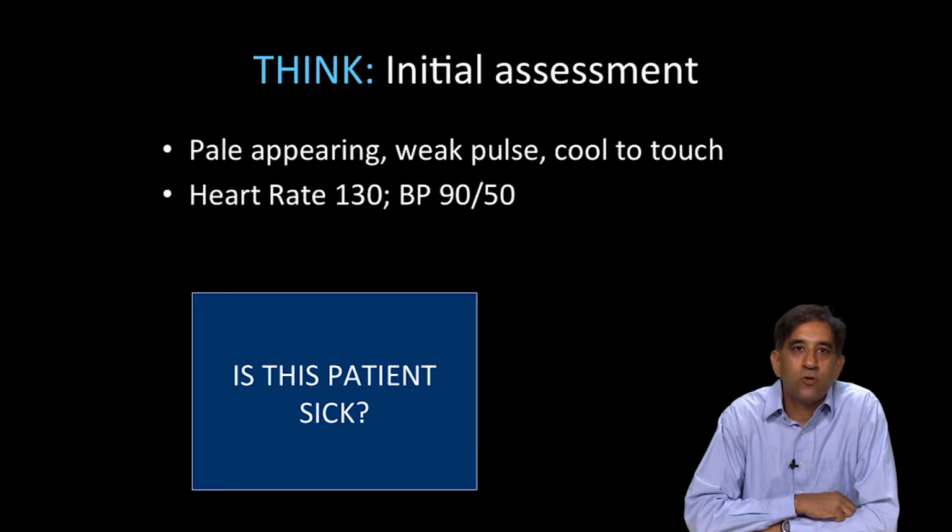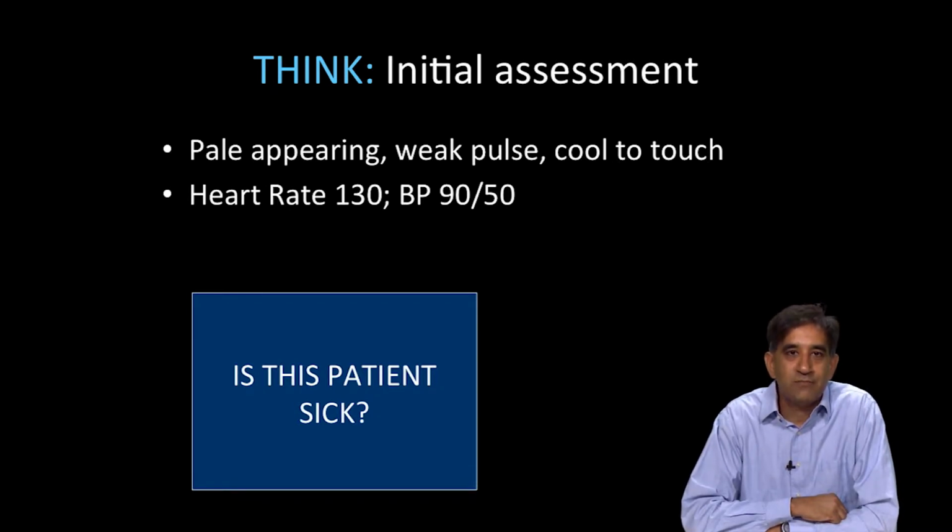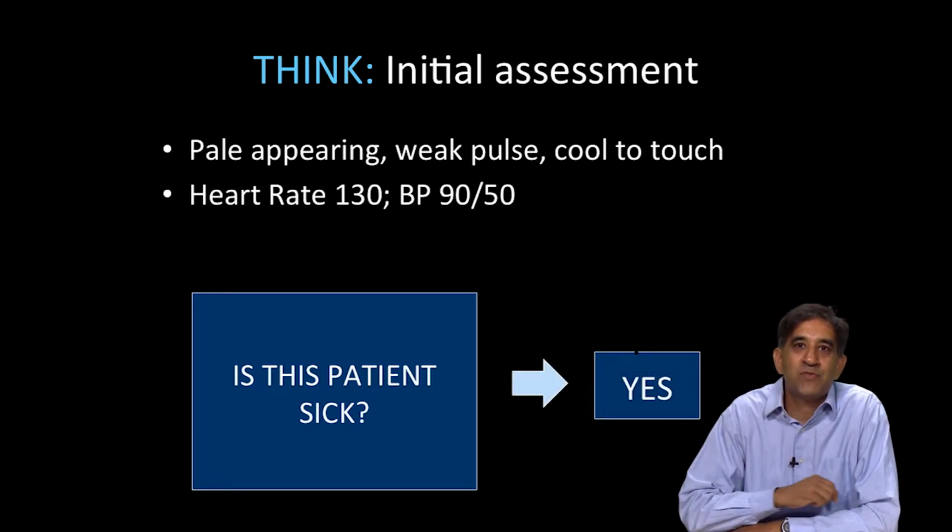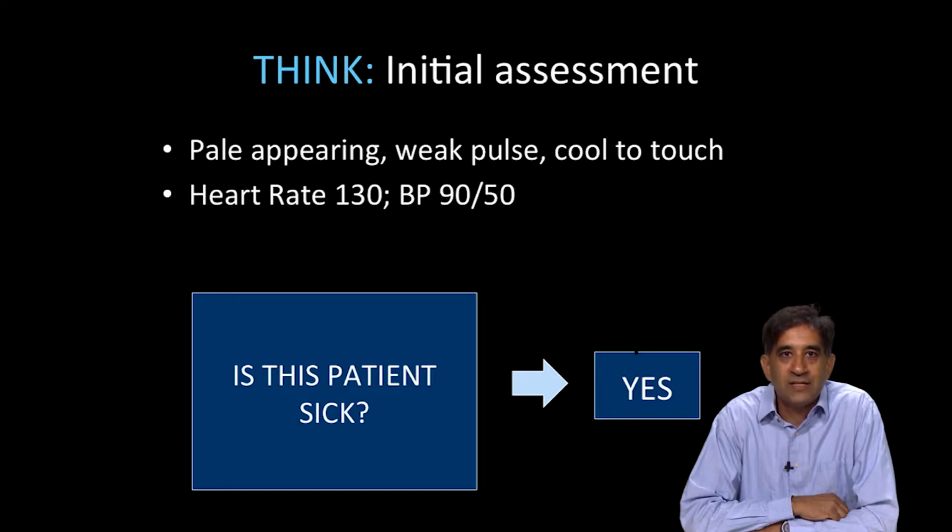So our first question in terms of thinking about this patient is: is this patient sick? And clearly, given her appearance, her weak pulse, the fact that she's cool, and that she has abnormal vital signs, the answer to this question is absolutely yes. She is sick or ill appearing, and she demands our immediate attention.